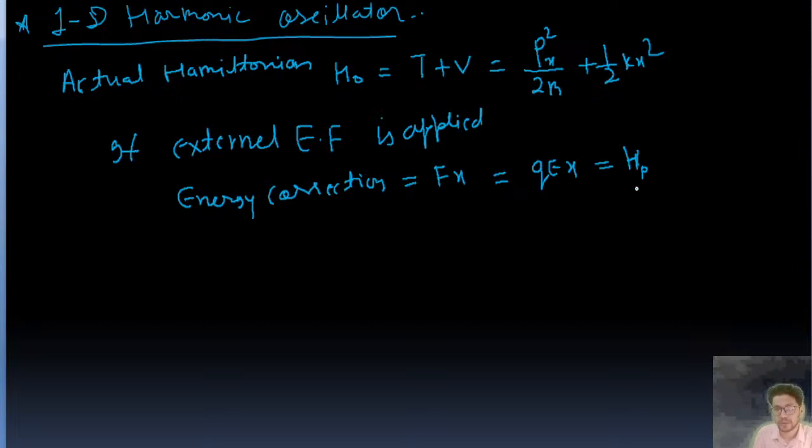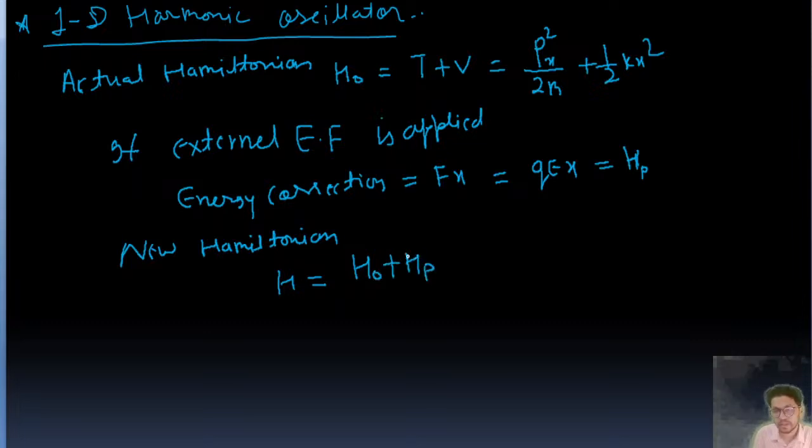Because the system is perturbed, HP. So now the new Hamiltonian after perturbation, H, is going to be H naught plus HP.